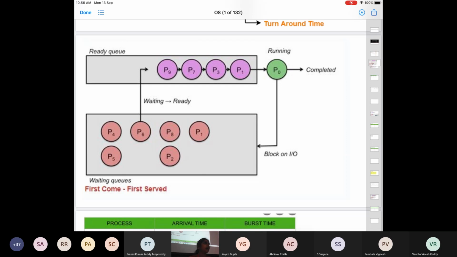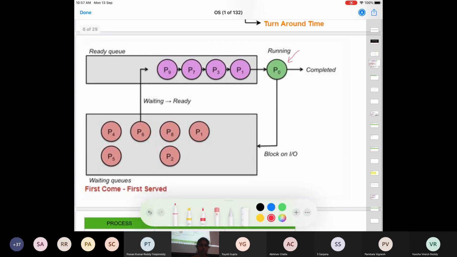So as you see in this diagram, probably P0 was the one which was double clicked before, or which was executed before, or maybe it was created by some other process before. So it came and sat in the ready queue. Then maybe P1 came after that, P3 came after that. So I have a queue of the processes. And when I have to select one to be executed on CPU, I'll select the one which came first. So in this case, P0 came first, so I'll execute it first.